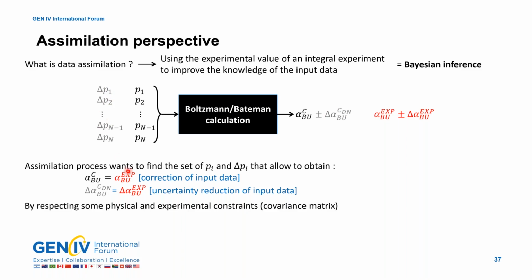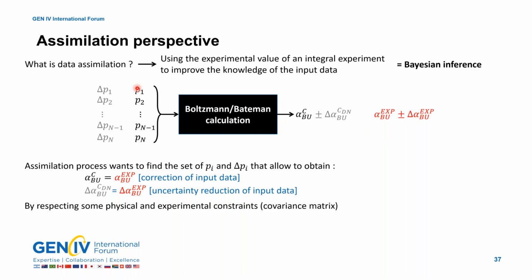Assimilation is finding a new set of parameters and a new set of uncertainties that allow obtaining exactly this computed value, after the output of the black box, equal to the experimental one, and the propagated uncertainty equal to the experimental uncertainty. And when you are performing that, you can't do as you want.